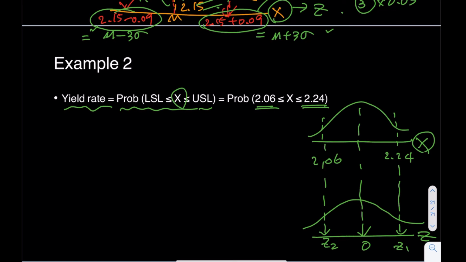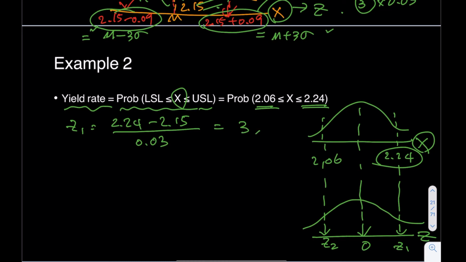So how to get the Z1 value? This is the X value, so 2.24 minus the average 2.15, over the standard deviation 0.03. You will get 3 for the Z value, which is matched with mu plus 3 sigma.